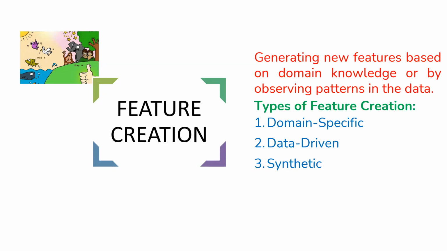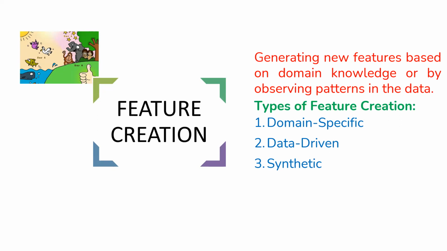Data driven is generating new features by observing patterns in the data, for example, calculating aggregations or creating interaction features. And finally, synthetic feature creation means generating new features by combining existing features or synthesizing new data points.